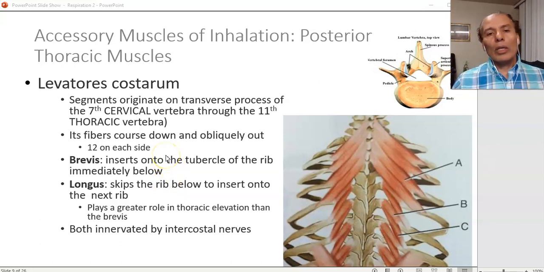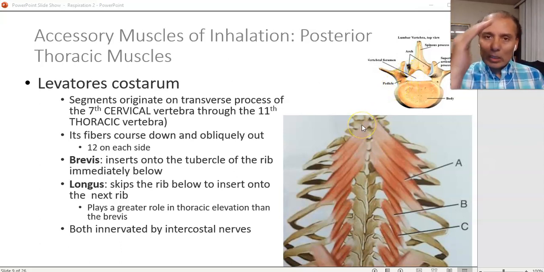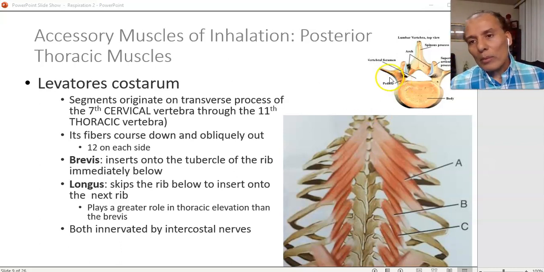So the segments of it originate on the transverse process of the cervical vertebra number 7, the lowest vertebra of the neck. See that little wing here, it's called the transverse process.